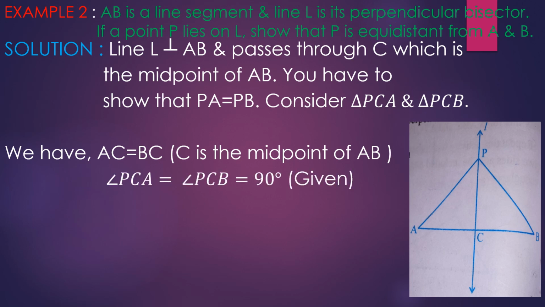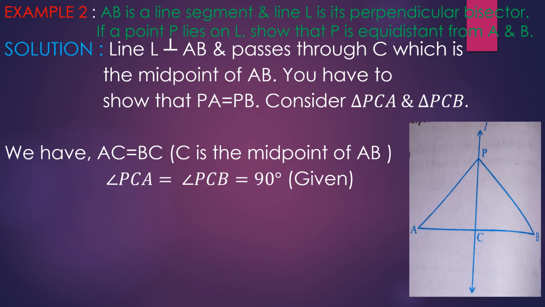So we can say that the two triangles PCA and PCB have 90 degree. That is given in our question. So we can say that angle PCA is equal to 90 degree and angle PCB is also equal to 90 degree.